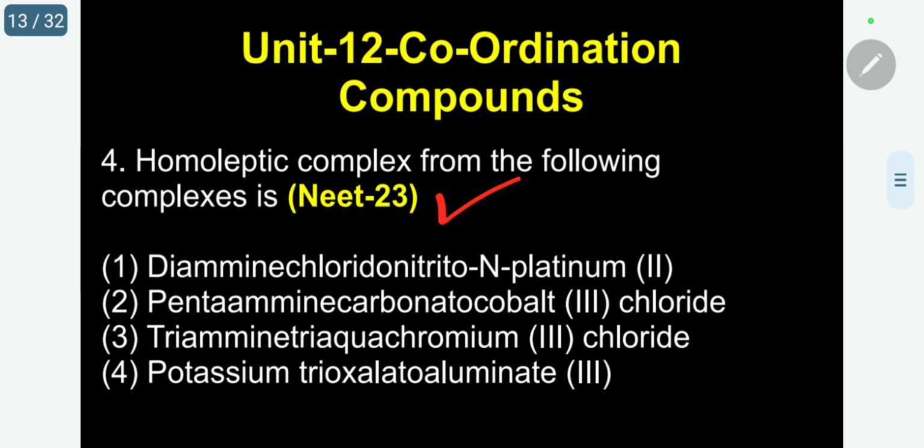Option 1: diamminechloridonitrito-N platinum 2. Option 2: pentaamminecarbonatocobalt 3 chloride. Option 3: triamminetriaquachromium 3 chloride. Option 4: potassium trioxalatoaluminate 3. There are 4 options. Which is the homoleptic complex from the following complexes?